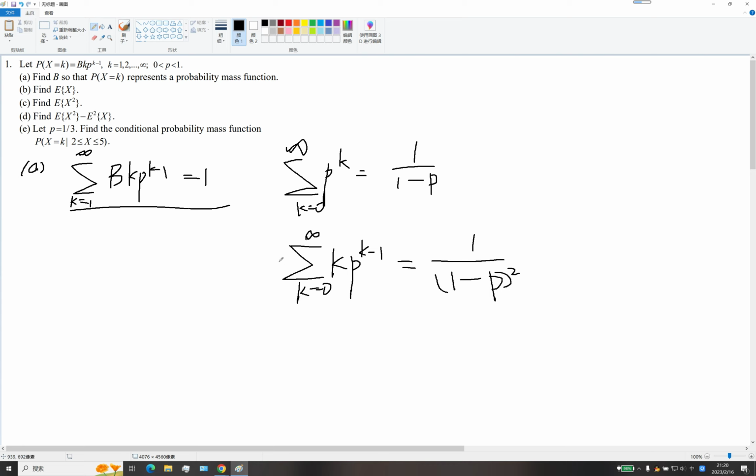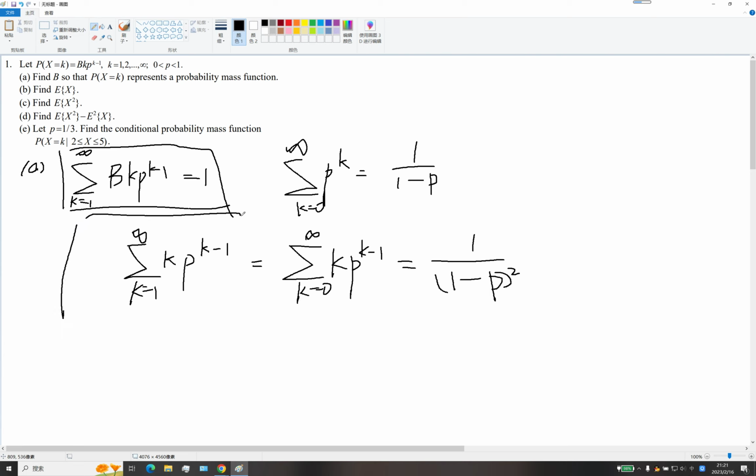So it is equal to this. If we take out k equals 1, k equals 0, it is the same. So now we can look at this and this.